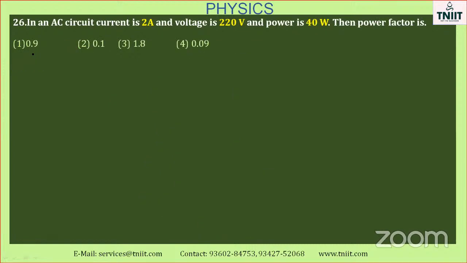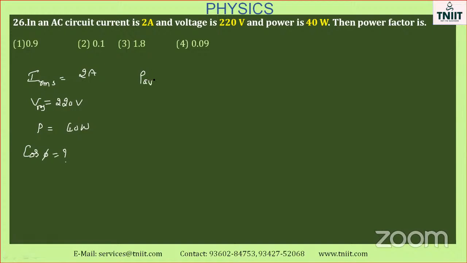In the AC circuit, current is 2 ampere. You can take that as I RMS, 2 ampere. Voltage is 220 volt. Power is 40 watt. Now they are asking you to find the power factor, cos phi.